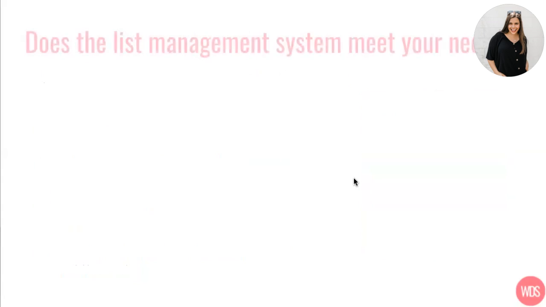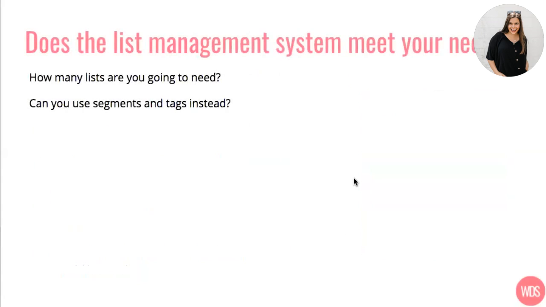And then the next question is about list management, right? And so finding a system that meets your needs. And this is where I also want to talk a little bit about segments and tagging. So a big question is, how many lists are you going to use? Like, do you want to have a marketing list, a clients list, a special contacts list? Like, what are the different things that you want to have and different lists of people that you want to be talking to?